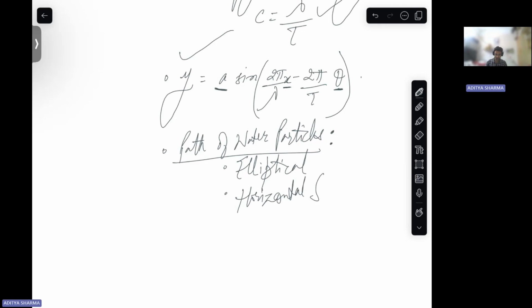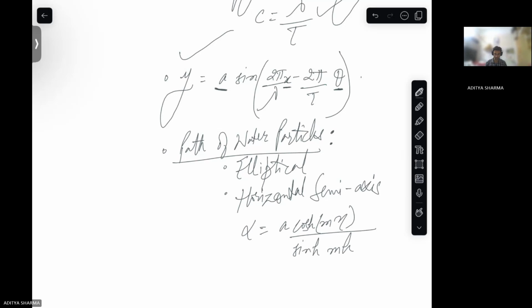horizontal semi-axis that is defined this way. A cosh of m(h - eta)... okay.